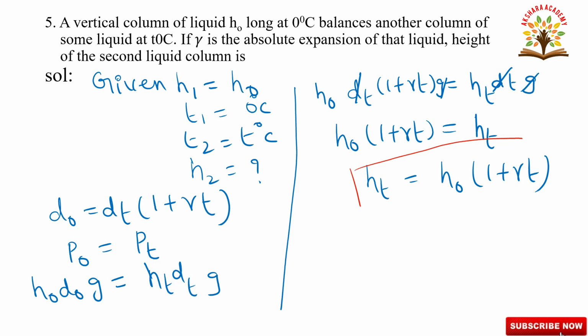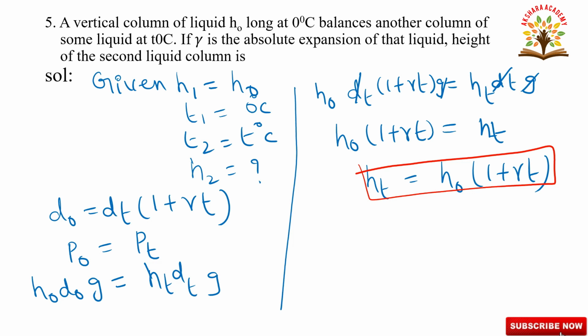So the height of the second liquid column Ht is equal to H0 of (1 plus gamma T).